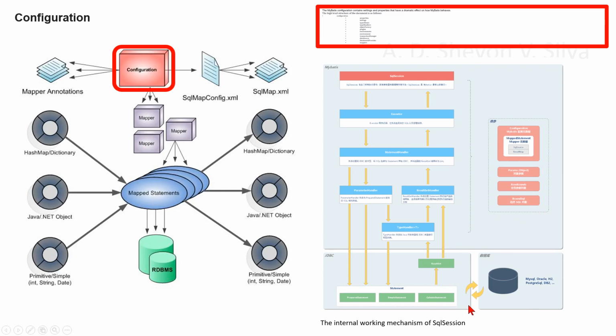And here this SQL session, executor, statement handler, parameter handler, type handler, result set, and configuration MyBatis param object, row bounds, bound SQL are inside MyBatis, and here statement and result set are inside JDBC, and JDBC interacts with the database. Here MySQL, Oracle, H2, PostgreSQL, DB2, etc.